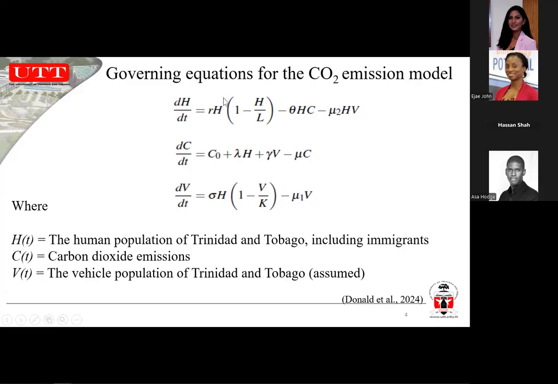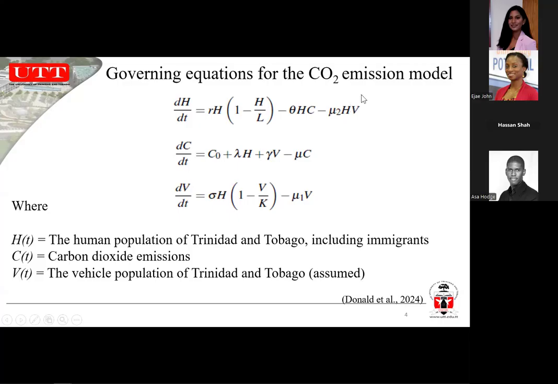where this value was assumed since we do not have actual numbers for vehicles on our roadways. Now, if we take a look at the first equation, the change in humans over the change in time, it is related to the growth rate, R. Also, the human carrying capacity, how many humans a certain environment can hold, L. We also have this expression, which stands for the death rate of humans due to carbon concentration.